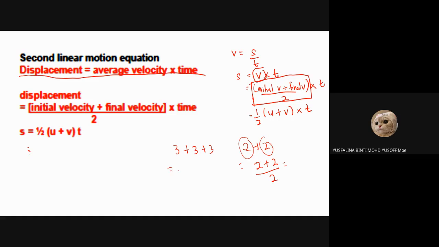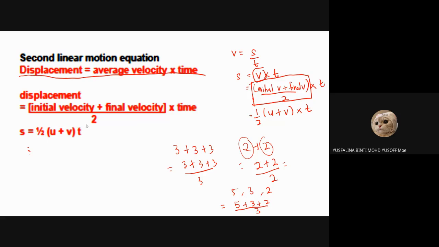How many numbers is this? 1, 2, 3, so you divide by 3. If I have 5, 3, 2, I add 5 plus 3 plus 2 and divide by 3, because there are three numbers. In this case, we only add the initial velocity and the final velocity, only 2, so we divide by 2 to find the average. So any question?